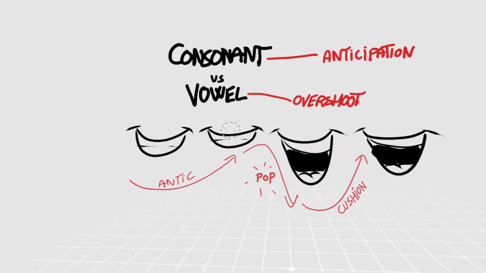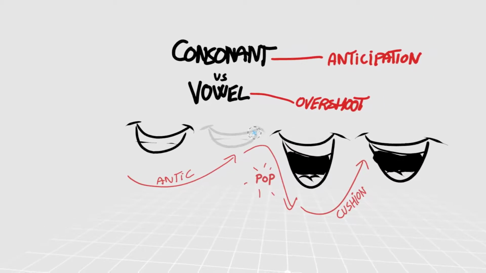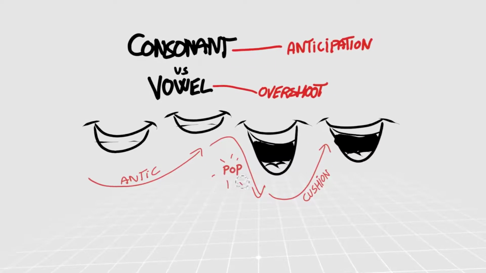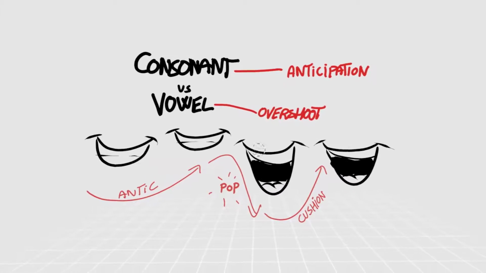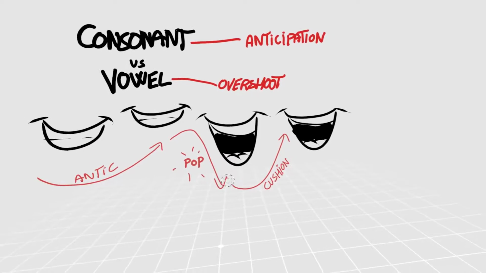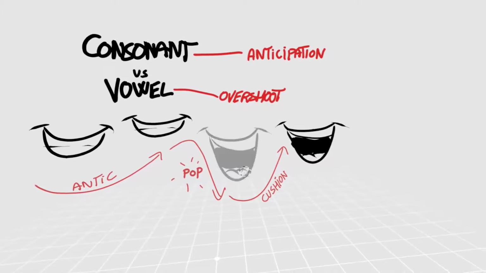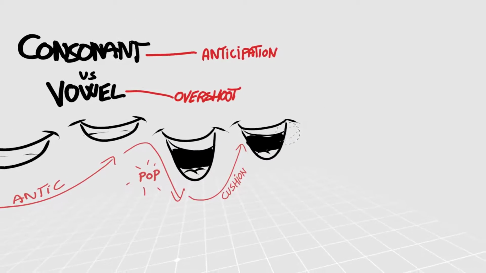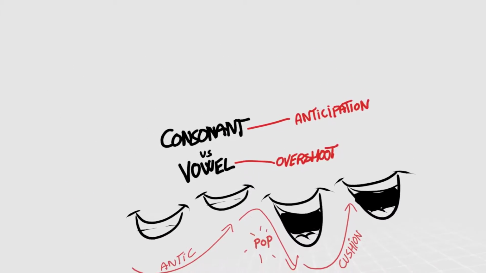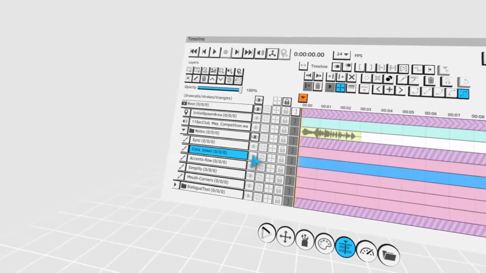You go up normally, so the mouth sometimes literally goes up in the face, and then boom, we got the thing called the pop. The pop is when you actually pop the mouth open to represent the vowel, and then that pop comes with a cushion normally. The first frame is normally an overshoot, and then it cushions back to a more relaxed position. This is very important to keep that flow and get those pops on the lip sync.